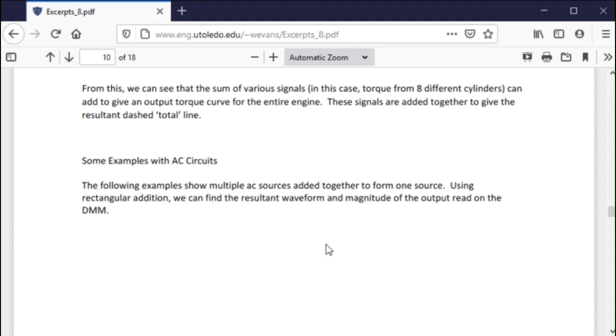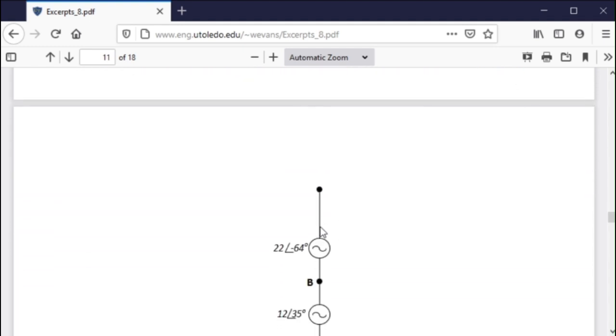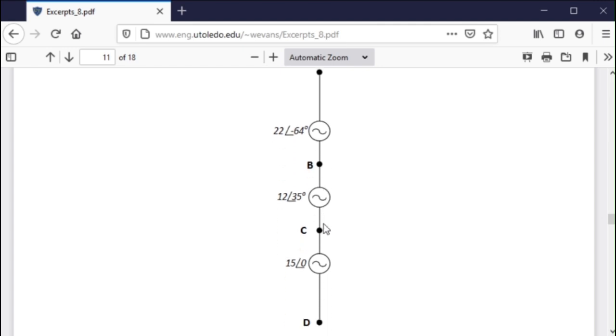Okay. So here is some more. We're going to be talking about circuits, some examples with AC circuits. Here I want to add these three voltage supplies together and get a single supply. These are AC sine waves. If I measured this, it would measure 22, this would measure 12, this would measure 15. If I measured across the whole thing, what would I get?